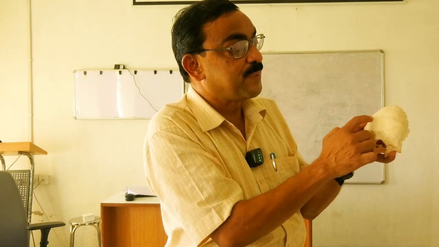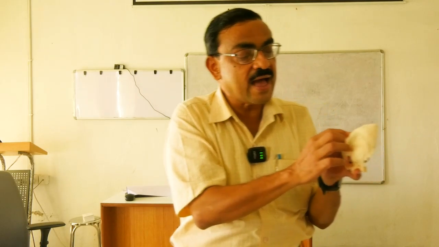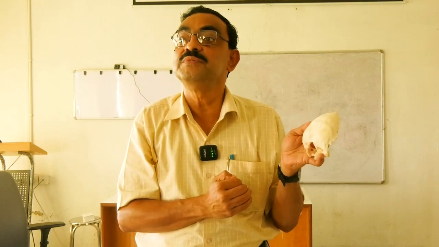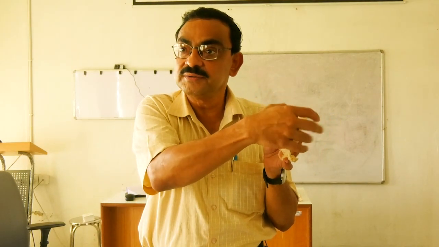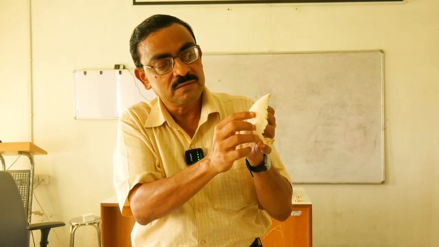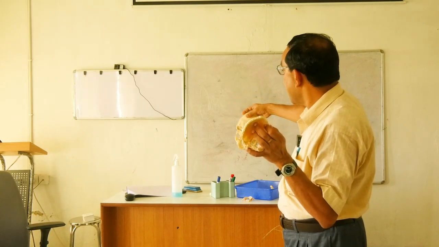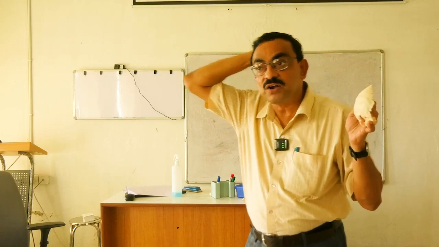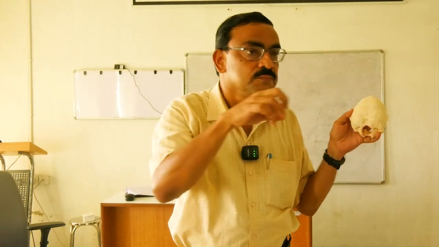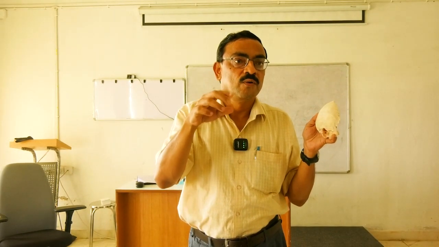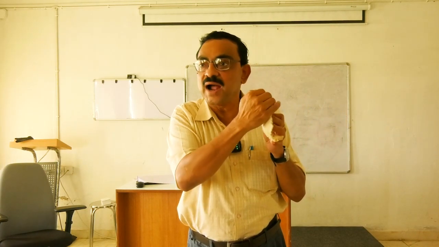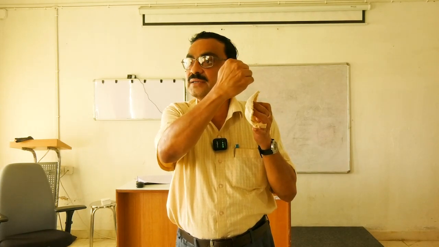Now, the area above the superior nuchal line is a part of the calvaria, and this part ossifies in membrane, whereas from the superior nuchal line downwards we get the area which is a part of the base of the skull. The part above belongs to the skullcap or the calvaria.